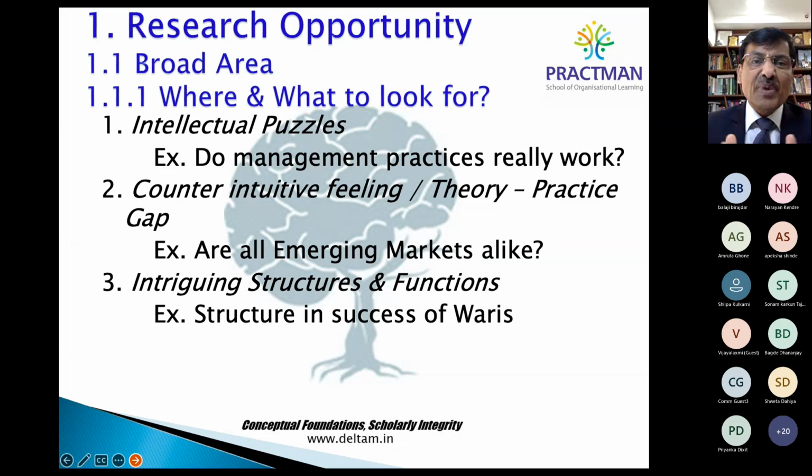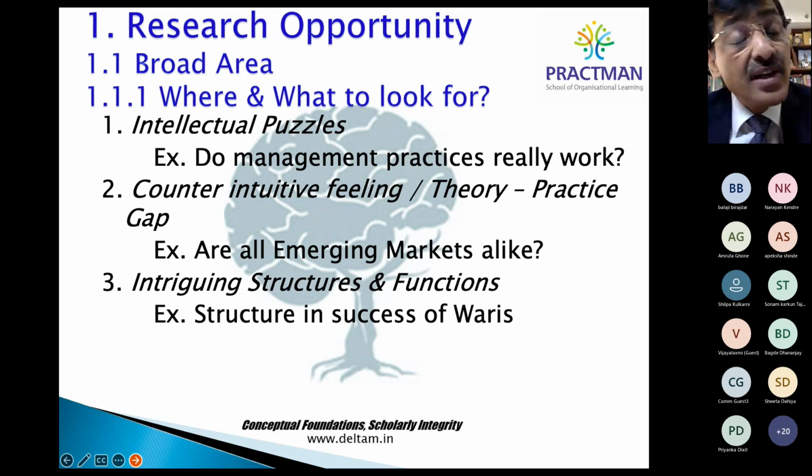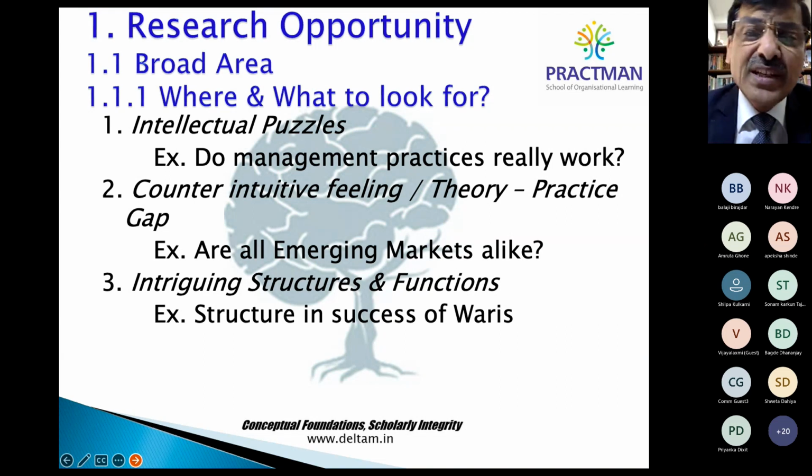Every year, lakhs of people congregate and in a very disciplined way, they march from one city to another city, covering hundreds of kilometers. So what kind of structure is holding these waris together? I may become intellectually puzzled by this, and this may be a starting point for my research. Basically, what we are discussing is how do we identify the broad areas of research?